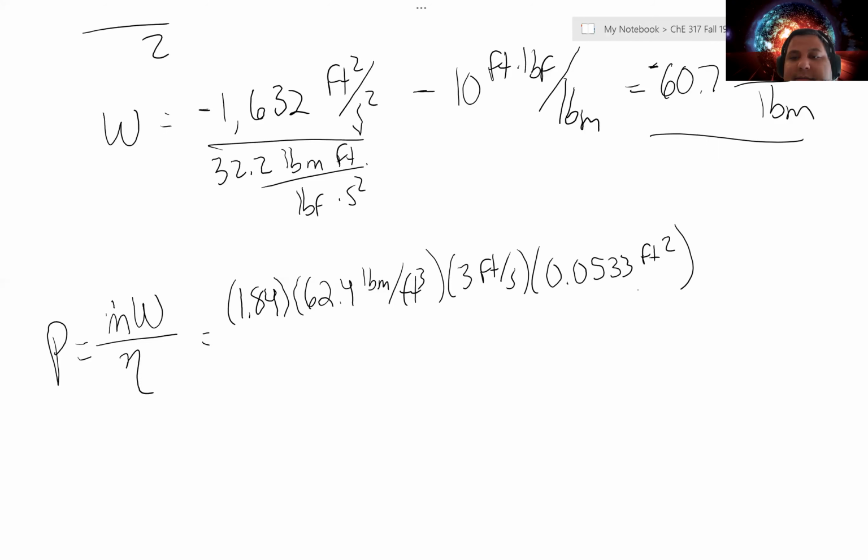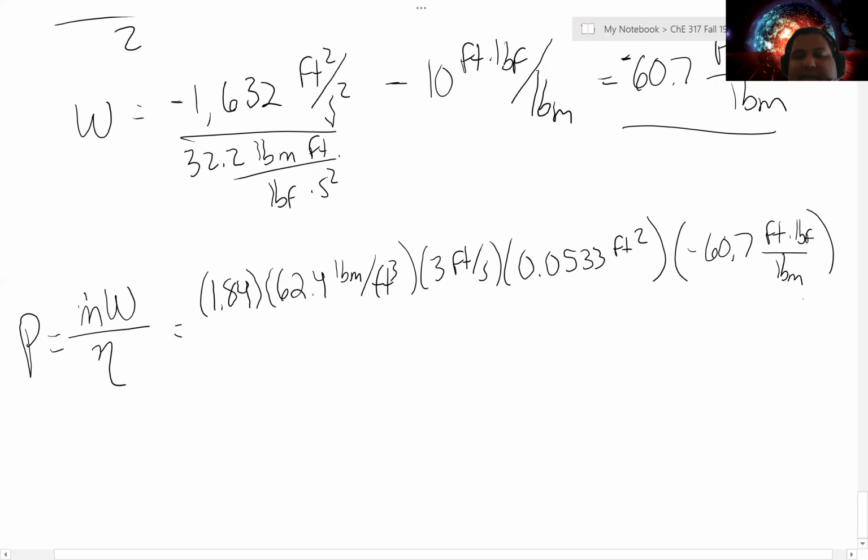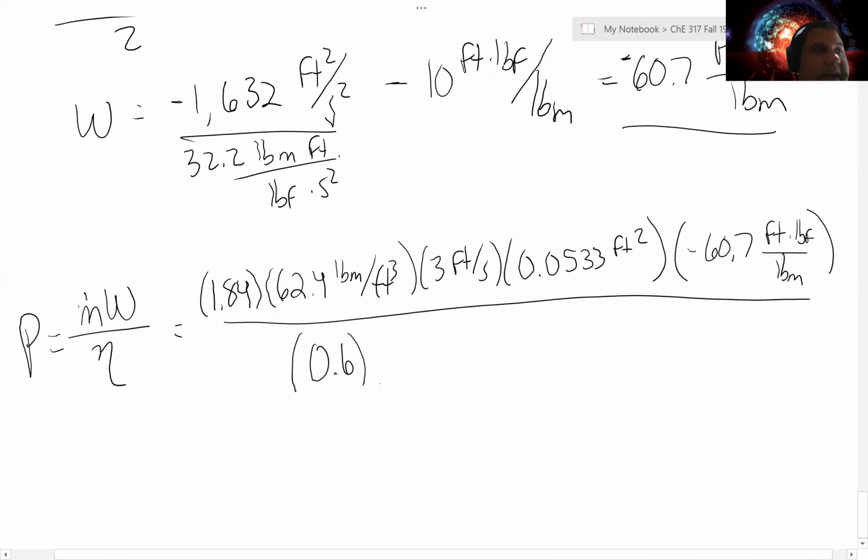Times our work, which is negative 60.7 foot-pound force per pound mass. And then our efficiency was 0.6. And then to make that horsepower, we just divide by 550 foot-pound force per second to get to horsepower.